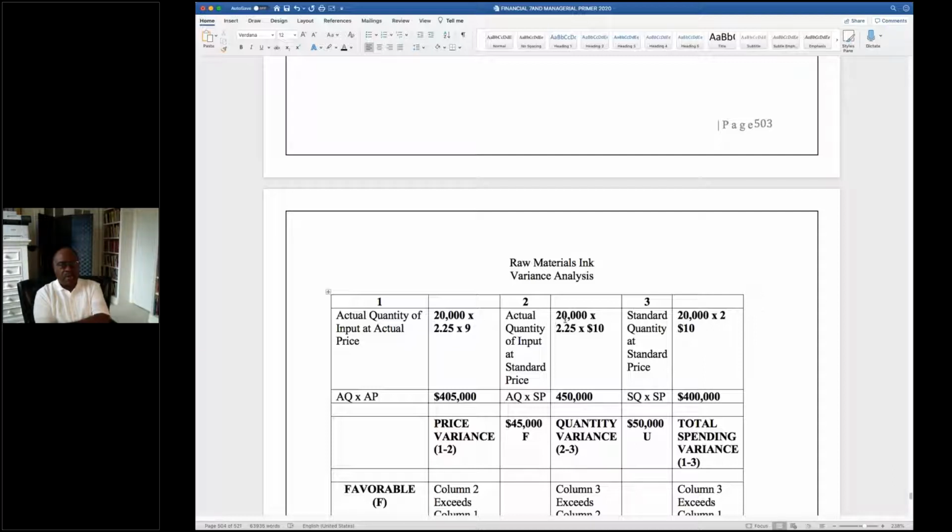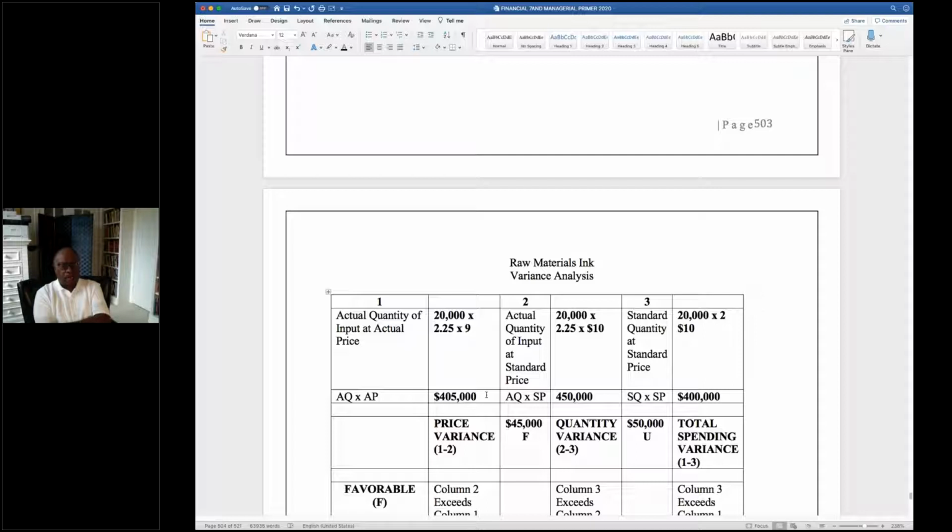And so for ink, in terms of pricing, the pricing should have been 2.25 times 10 times 20,000. We actually had it at 9, 20,000 times 2.25 times 9.